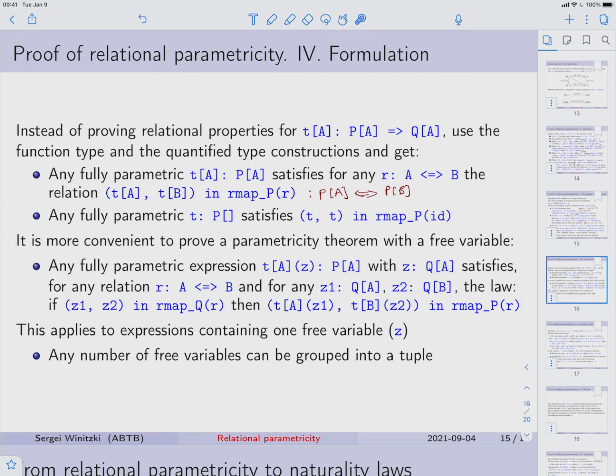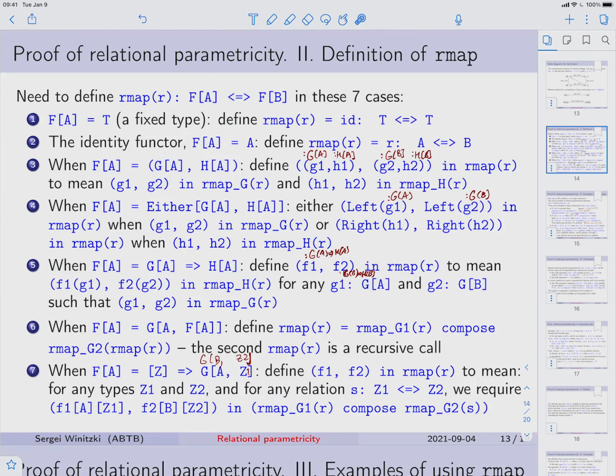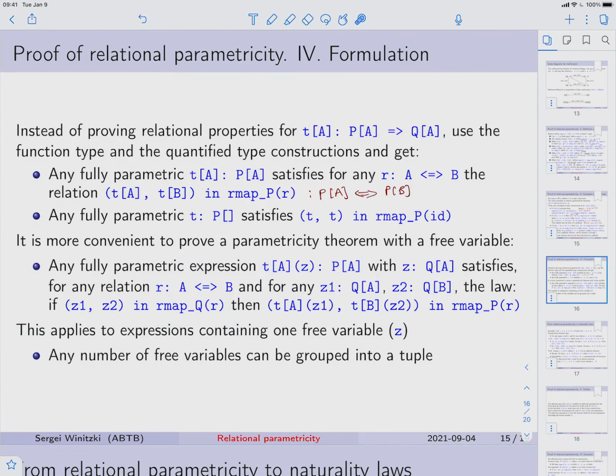Finally, we can also use this type parameter. This is one of the constructions that we had. And we just say, well, T with no type parameters, the T is in the lifted identity relation.